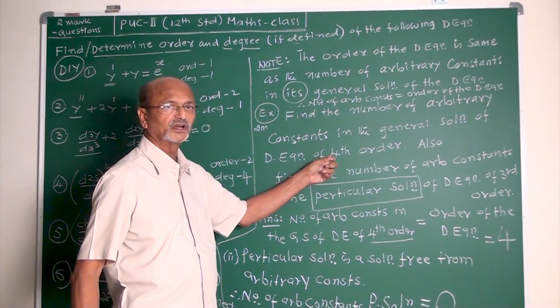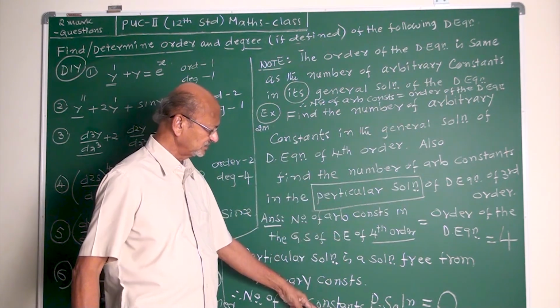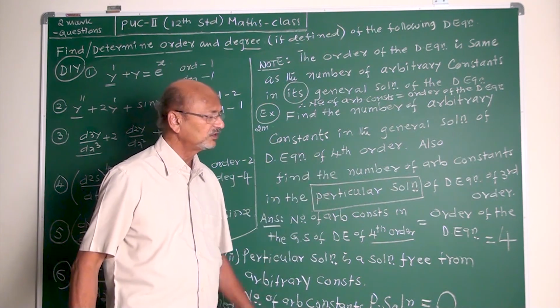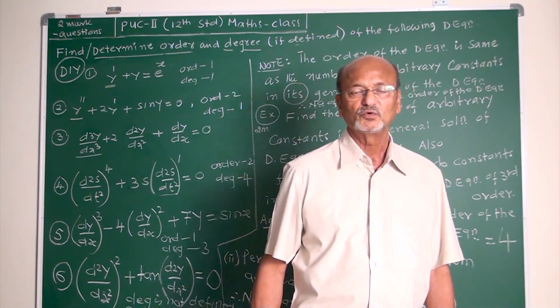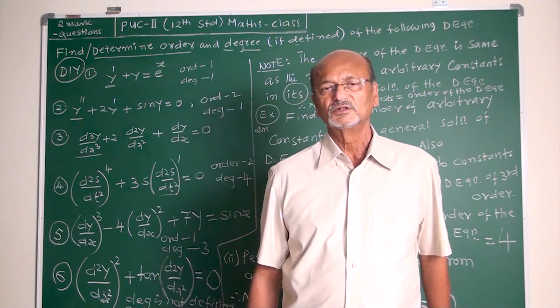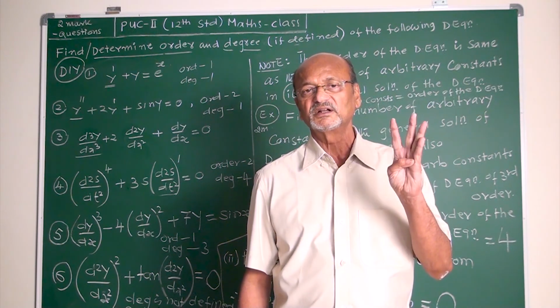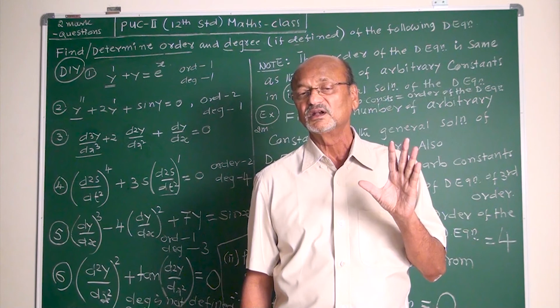If you write 4, you get 1 mark. Now you know which is 1 mark and which is 2 mark. With this, integration and differential equations 1 mark and 2 mark examples are completed.